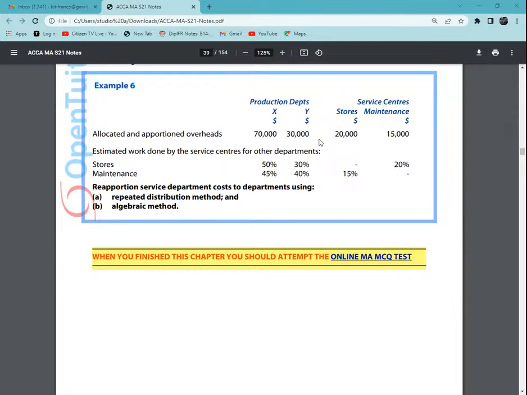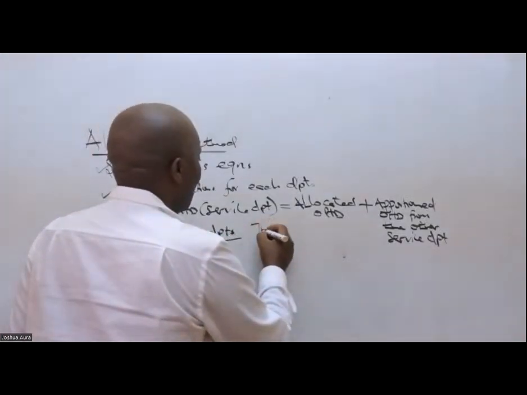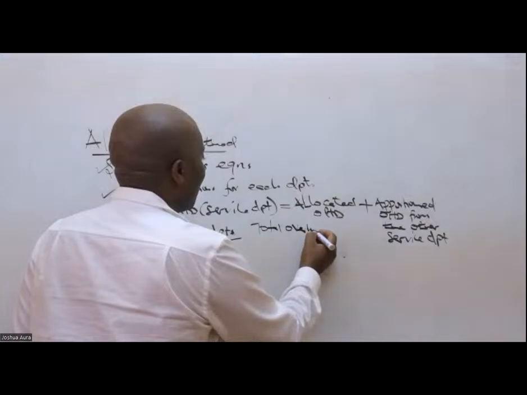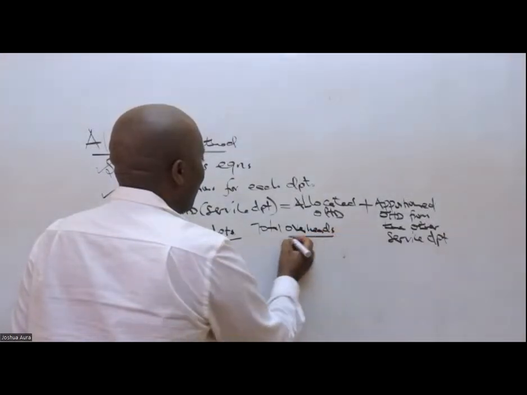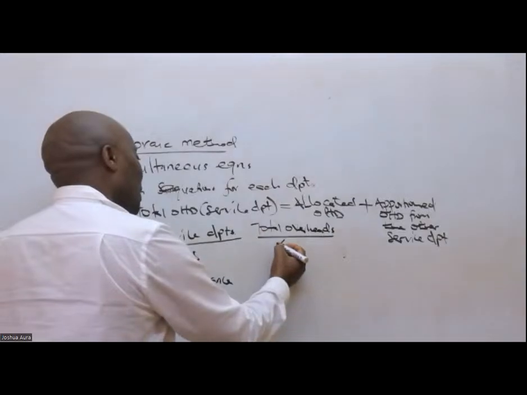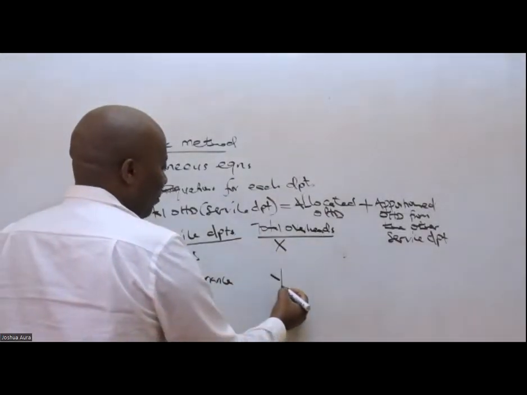So then what I'll do is come here and mention the total overheads. We shall let the total overheads of stores be X and the total overheads of maintenance be Y.